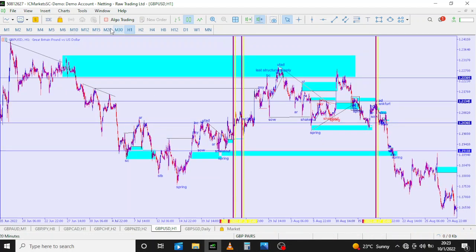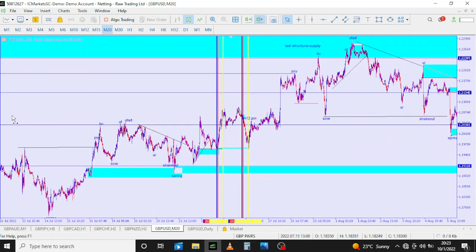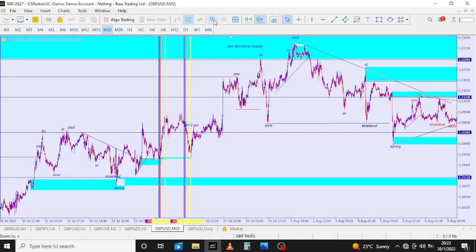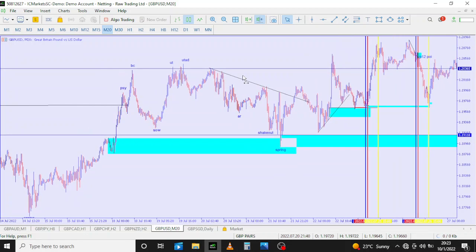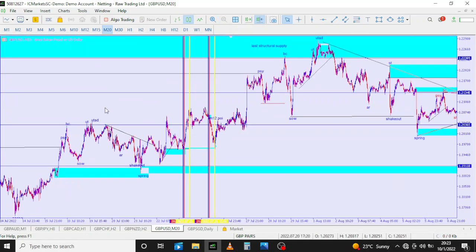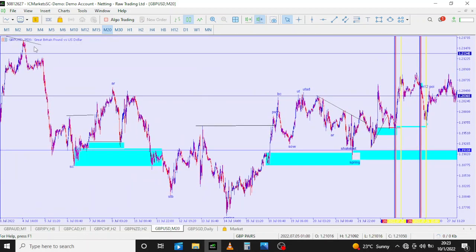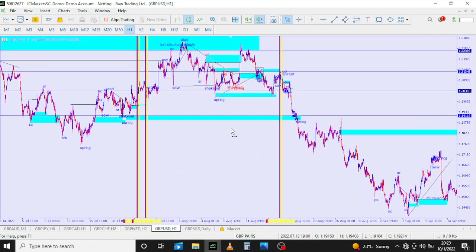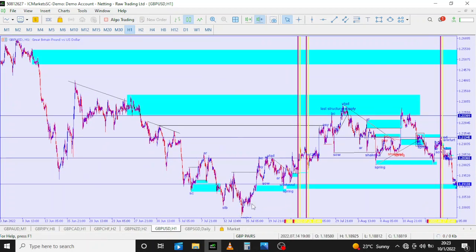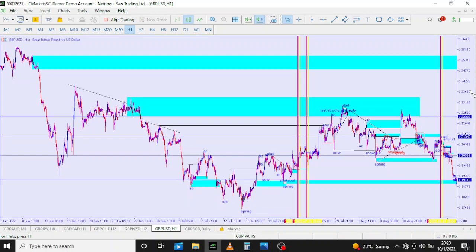So let's get to lower time frame. Okay, before I get to lower time frame, you see, guys, this is a lower low of a high time frame structure.